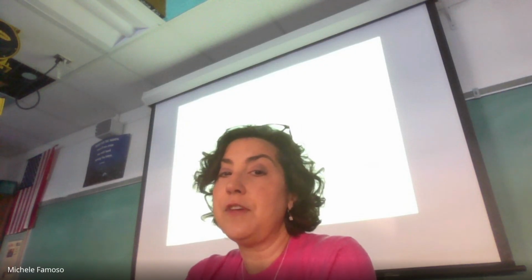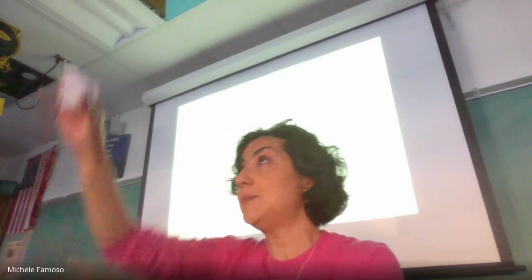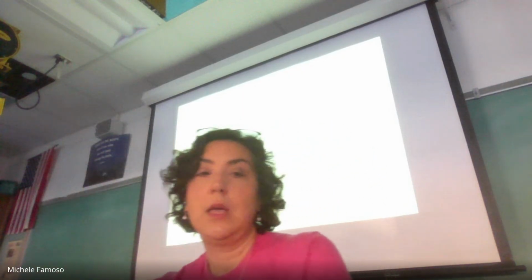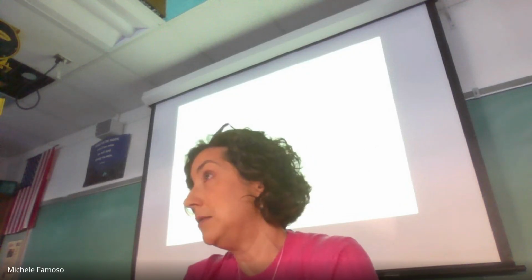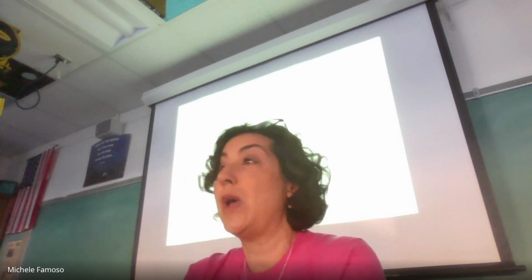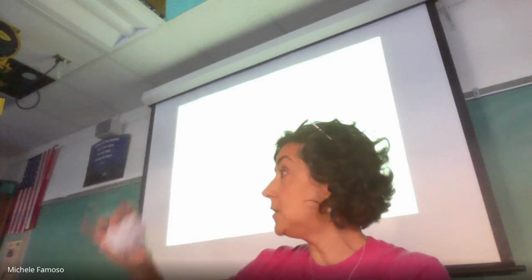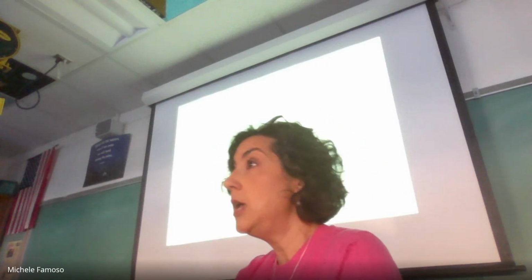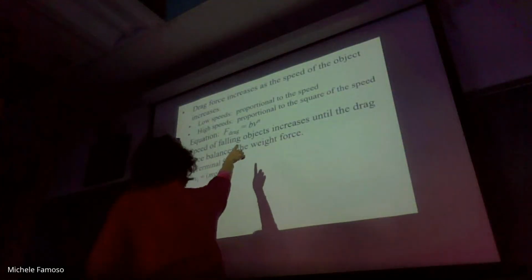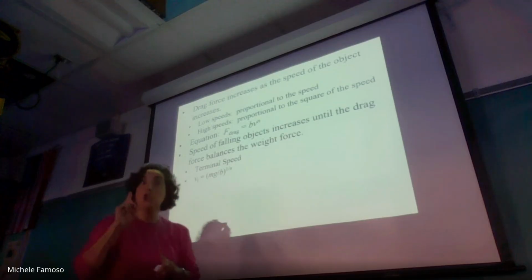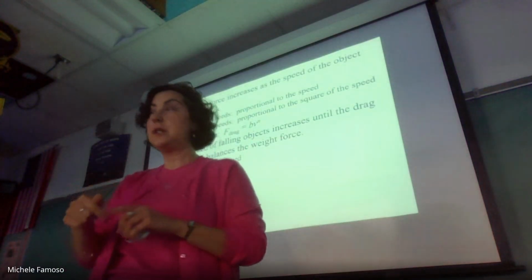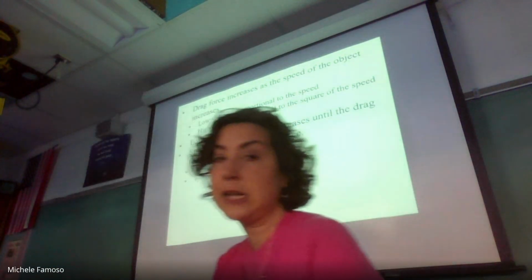The speed of a falling object, like this paper, will increase until the drag force acting on it balances the weight. As it falls, it gains speed, it accelerates. That means this v value goes up, which increases the drag until you get a drag force that is balancing the weight acting down.